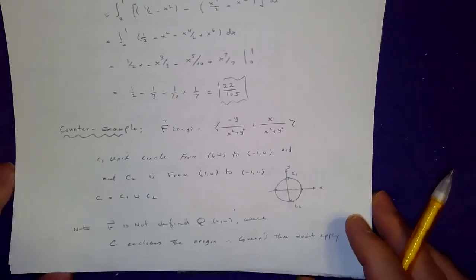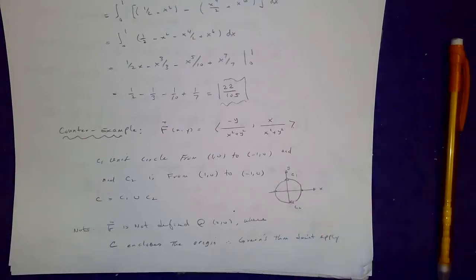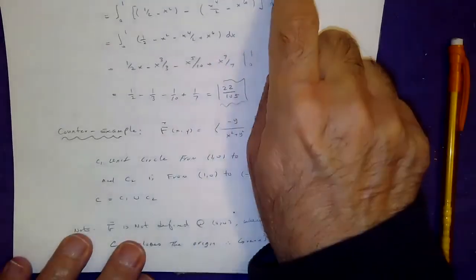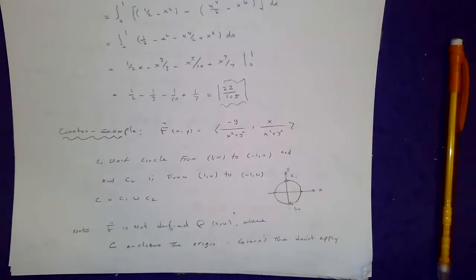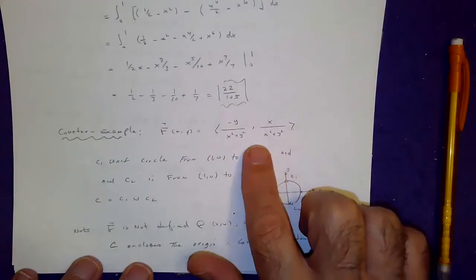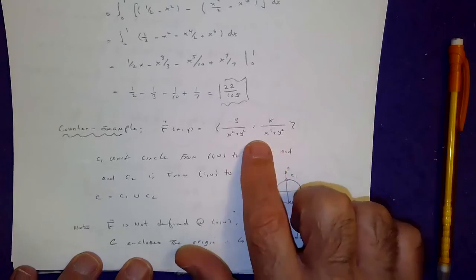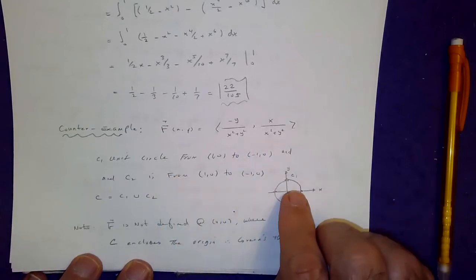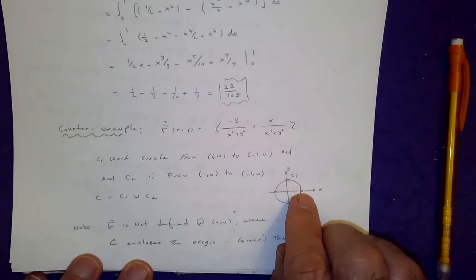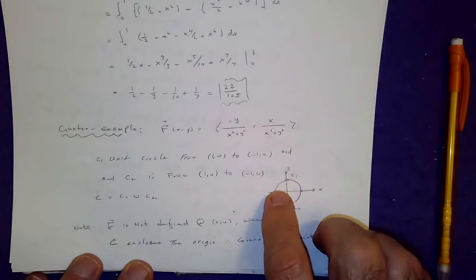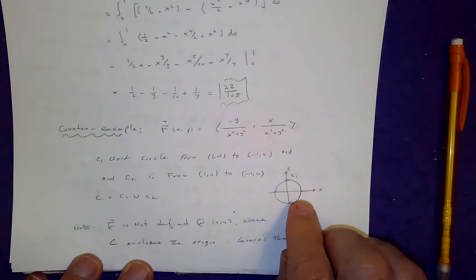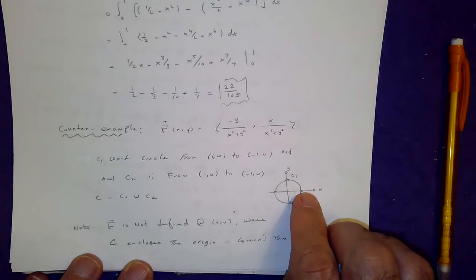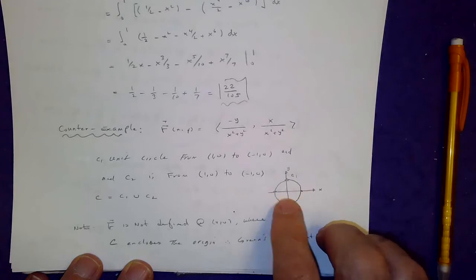Do you see it? But then there is a pitfall for Green's theorem. First of all, if the region is not closed, everything is out the door. The second is about the vector field. Let's say you have a vector field like this, and let's say C1 goes from (1, 0) to (-1, 0), and C2 goes from (-1, 0) back to (1, 0).